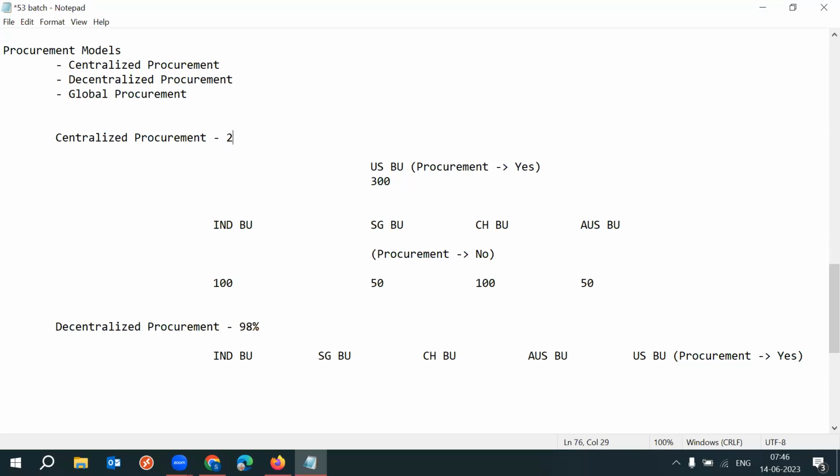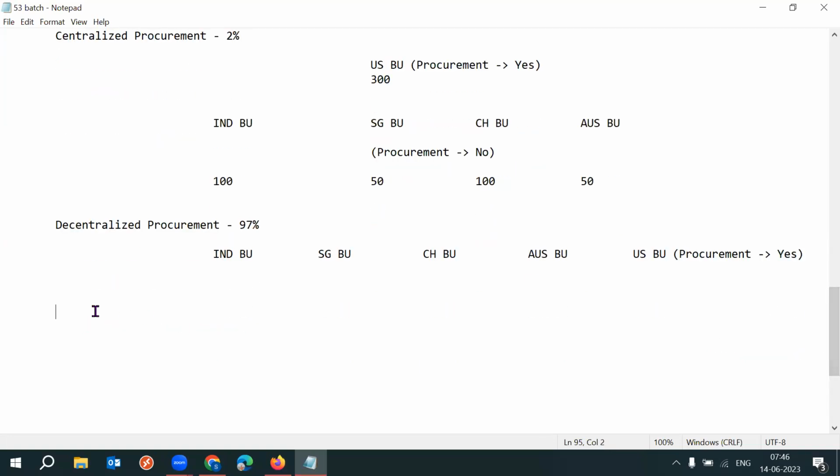Centralized procurement, just 2% only. Let's take 97% decentralized, because 1% I want to give to global procurement.